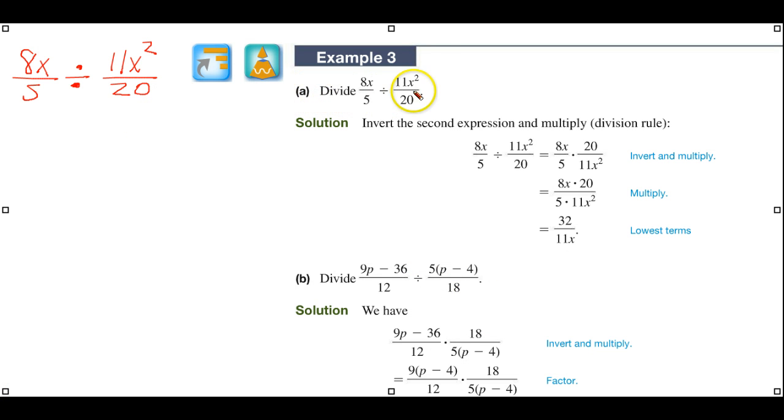As we go into division, there is a little protocol we need to follow. And the general rule is we always convert division to multiplication. And we do that by rewriting our first item, changing our division sign to multiplication, and then take the reciprocal of our second item.